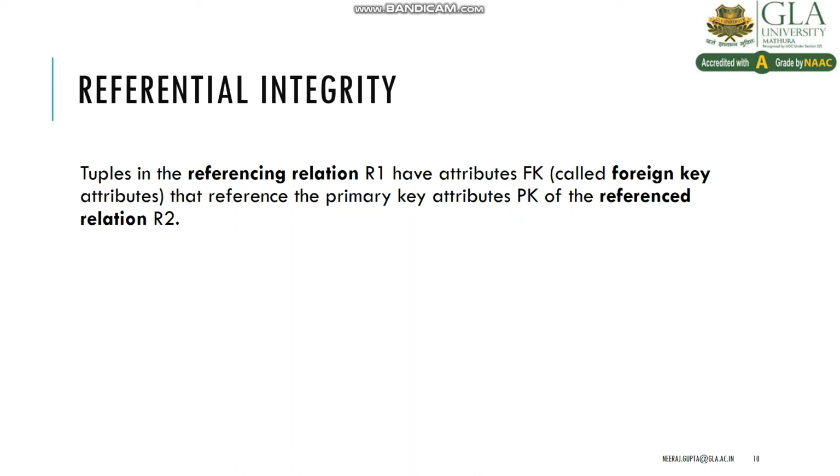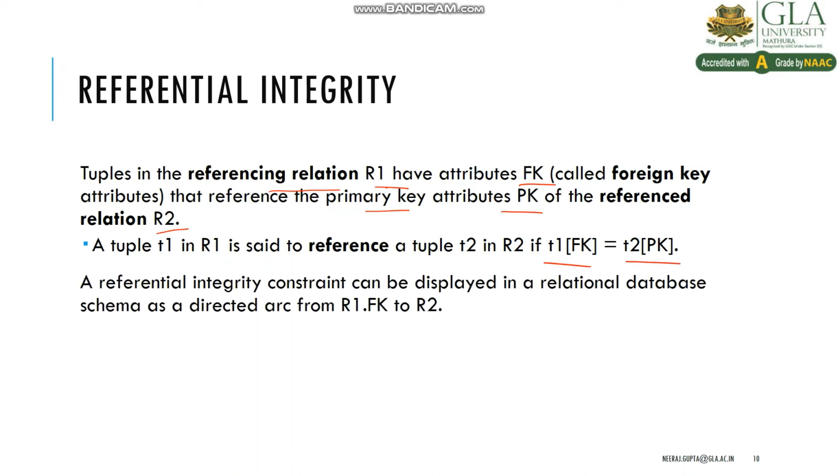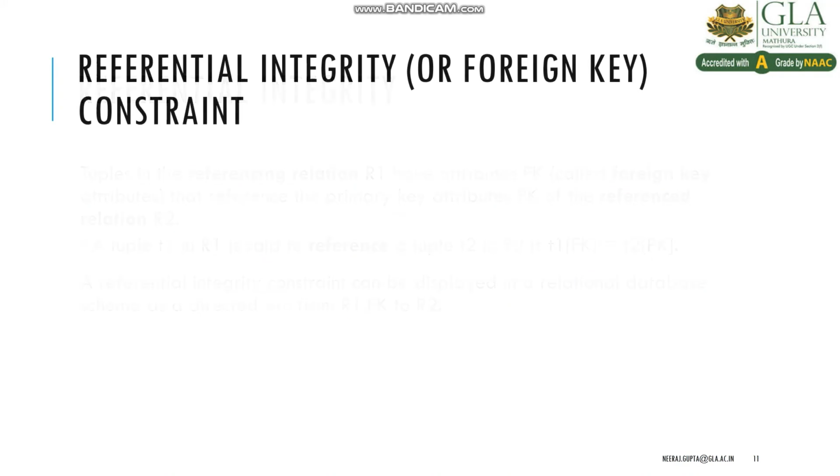A tuple in referencing relation R1 has the FK, that is foreign key, that references the primary key PK of the referenced relation. So there are two relations R1 and R2, in which R1 has the foreign key and R2 has the primary key. The condition of referential integrity is that t1[FK] equals t2[PK]. A referential integrity constraint can be displayed in a relational database schema by a directed arc from R1.FK to R2.